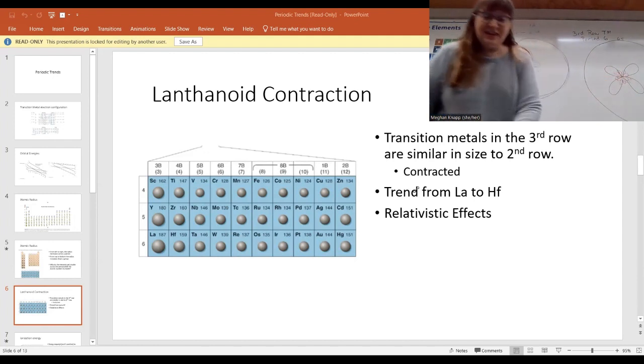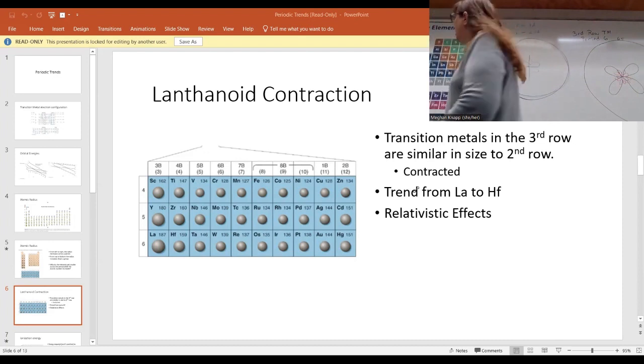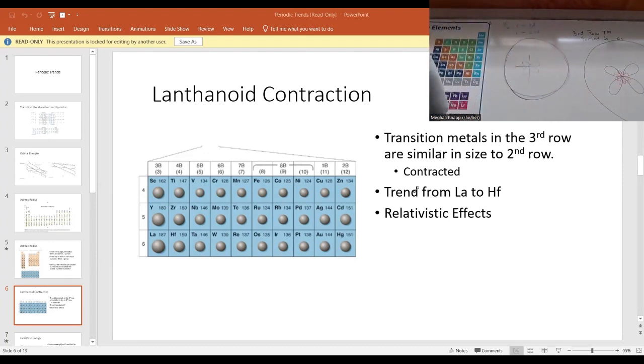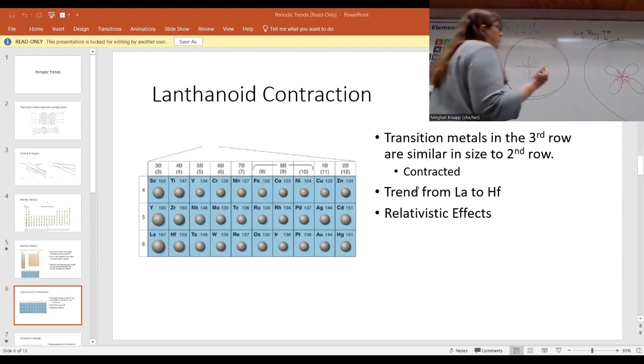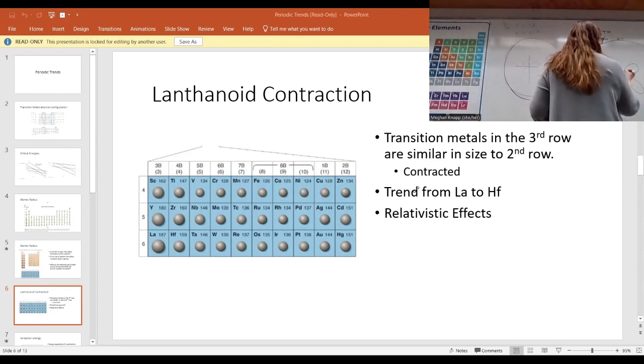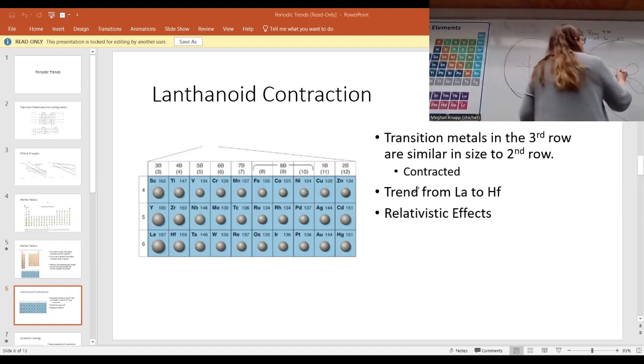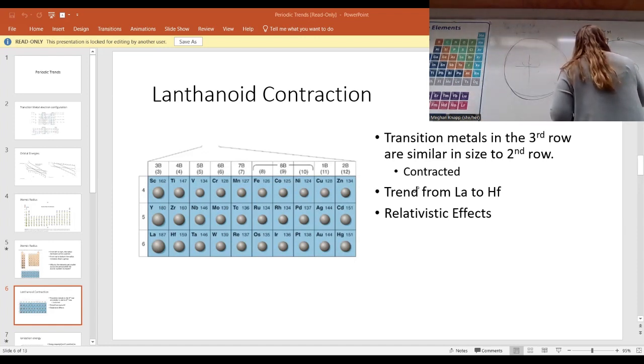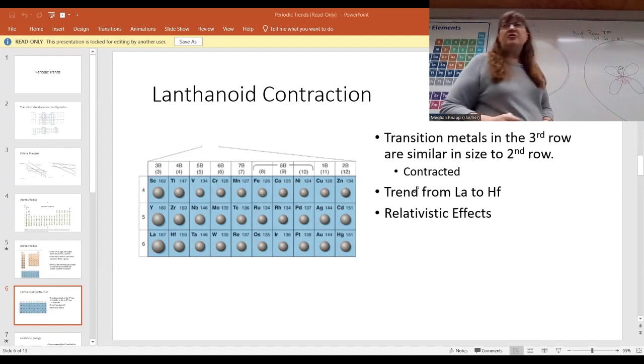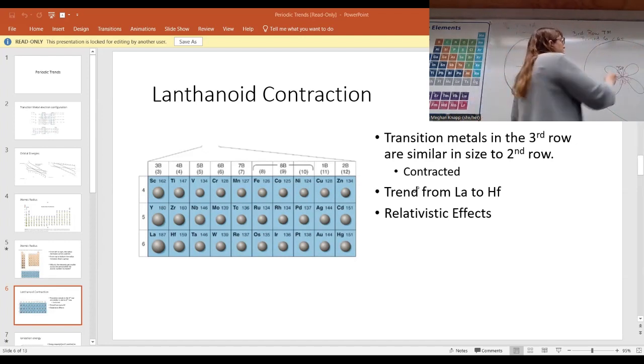So if I'm looking at hafnium, let's say that's our first real third row there. Hafnium has 72 protons. The shielding on this 6S is very, very small. Okay, and so that's going to pull it in.